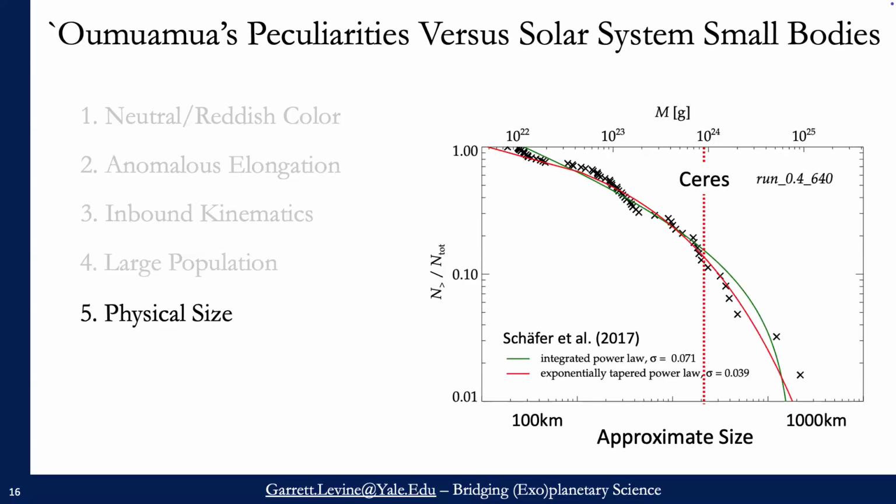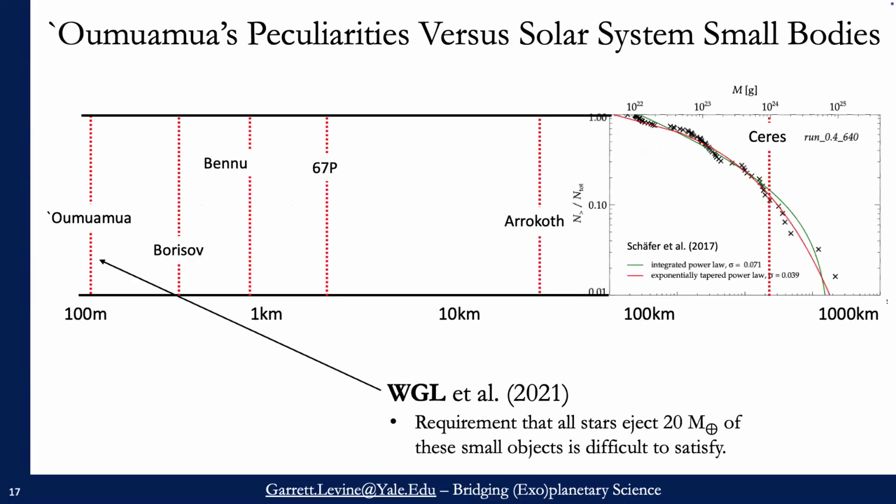So if we consider it to be a planetesimal and we compare it to what we consider other planetesimals to be, this figure here sort of fixes ideas on traditional theory on planetesimals, where you can see that we're considering Ceres-sized objects. For me to put Oumuamua on this plot, I have to extend the x-axis by a factor of about 1,000.